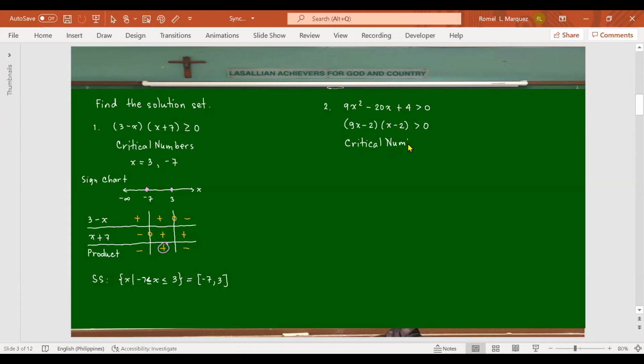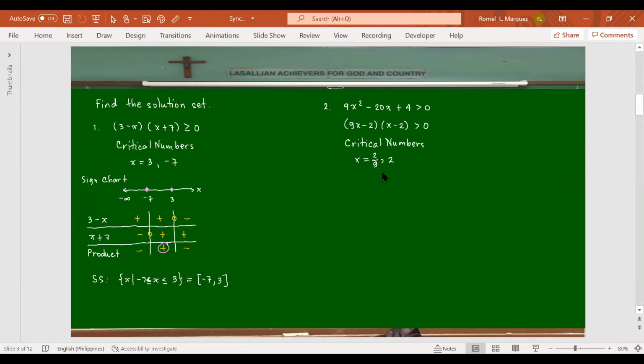Critical numbers. But if you can memorize the technique, you can get the solution set immediately. Positive 2 over 9 and positive 2.